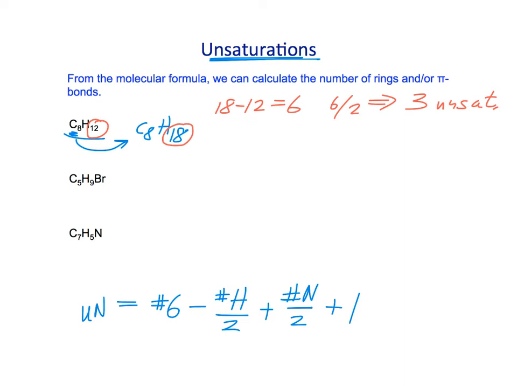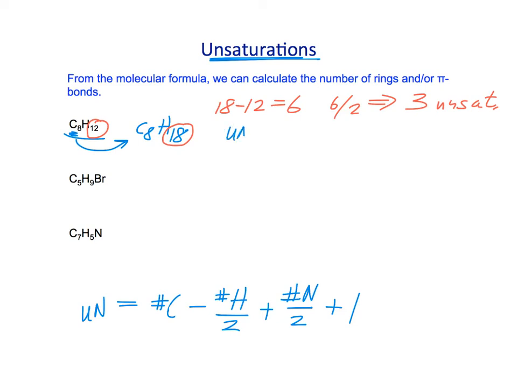Okay, so let's try it for that formula up on top. Is that a number 6 there? Oh, right. Yes, why was I thinking of that? That is the number of carbons, not always a 6. This is the number of carbon atoms. All right, so let's try it up here.